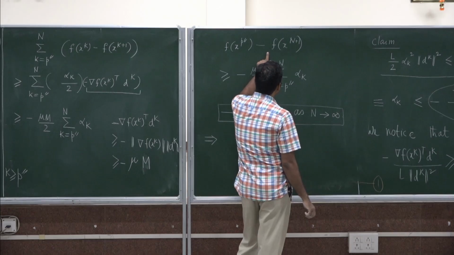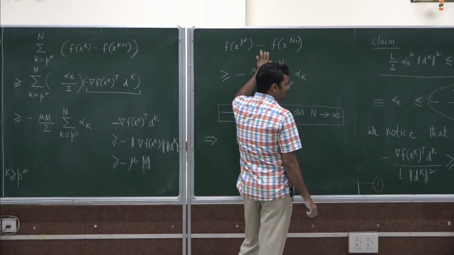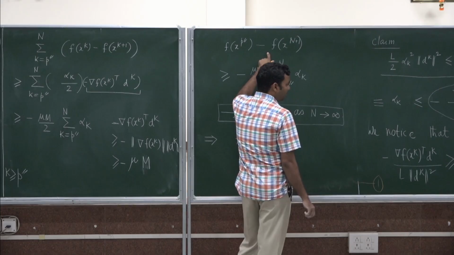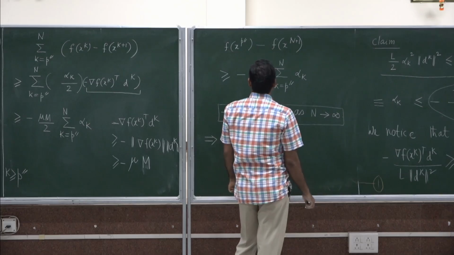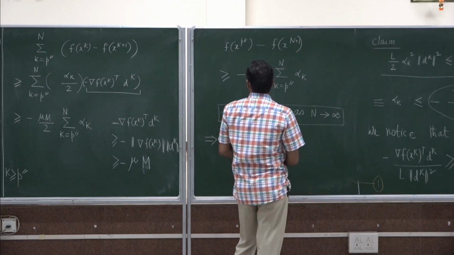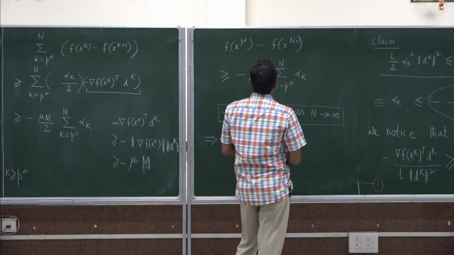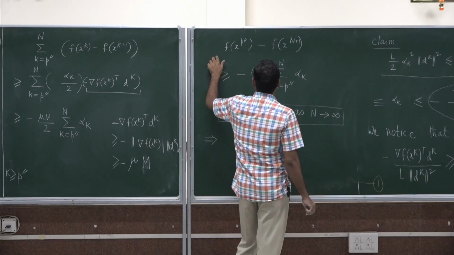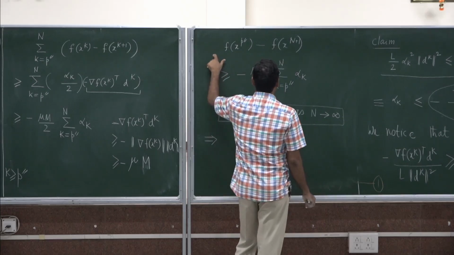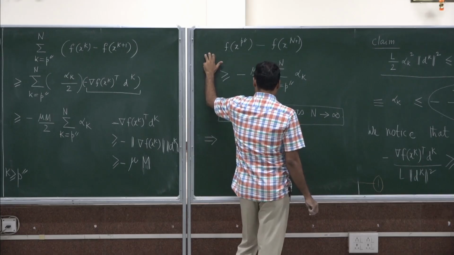F has an infimum, which means the smallest one. I want somehow this quantity to go to infinity, but this is a finite quantity going to be infinity.